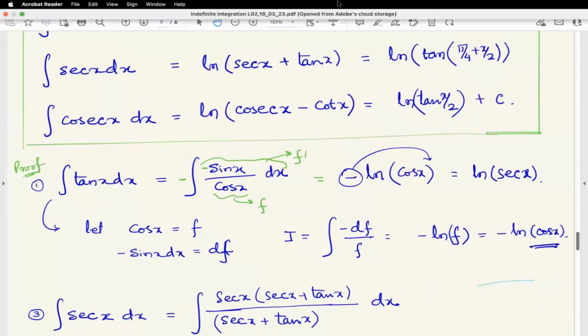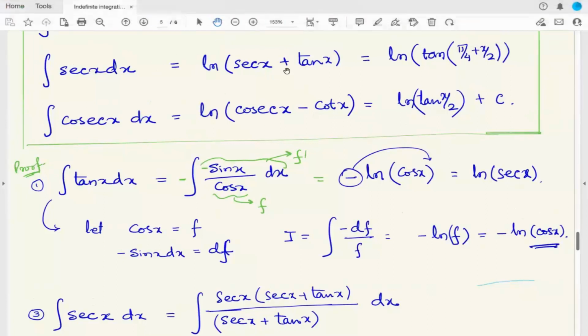Okay, let me tell you the proof of integration of cot x. It will be simple. What I have to do is write cot x as cos x by sin x, so the integral of cos x by sin x dx, and we substitute sin x equal to t.